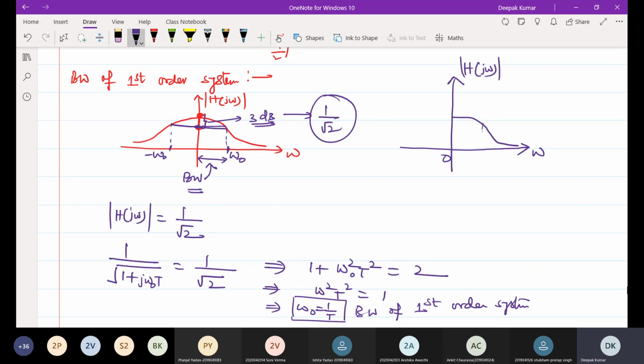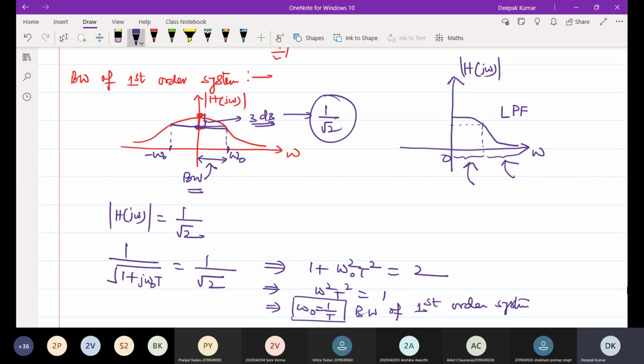This is looking like a low pass filter. Low pass filter means smaller frequencies are passed through this system and very large frequencies are suppressed, right? These frequencies pass very easily and after that the frequencies are suppressed.